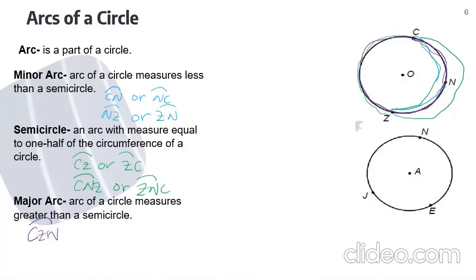Kung i-cover naman natin dito, itong NC, that is ZCN. CN. Or that is arc NZC or arc NCZ.